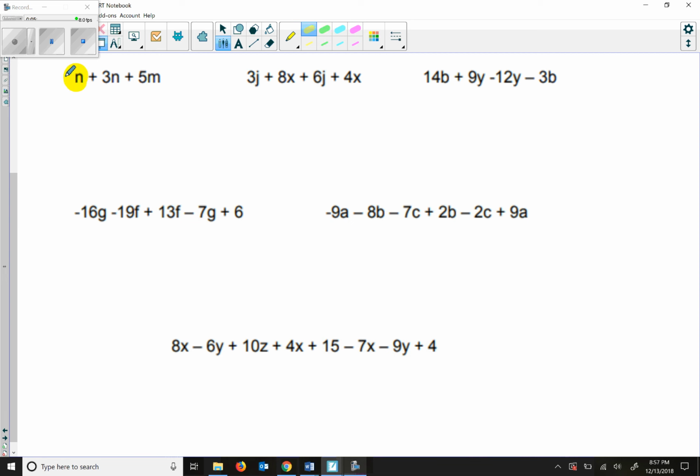Do I see another n anywhere in the problem? Yes, I do. I see a 3n. And then 5m, that's different. As you can see, I'm highlighting that in a different color. I'm just going to highlight those two like terms in the same color. So my answer would turn out to be 4n plus 5m.